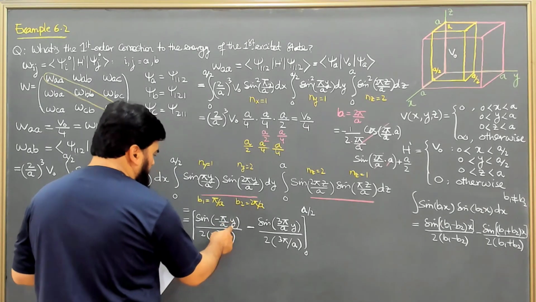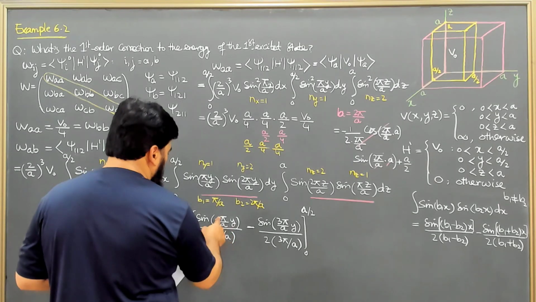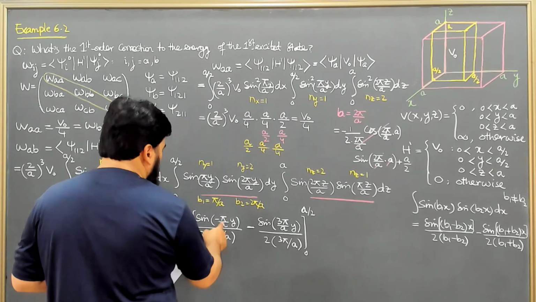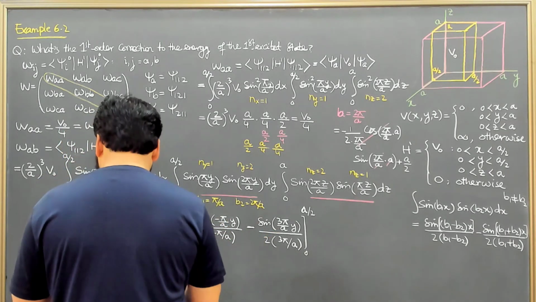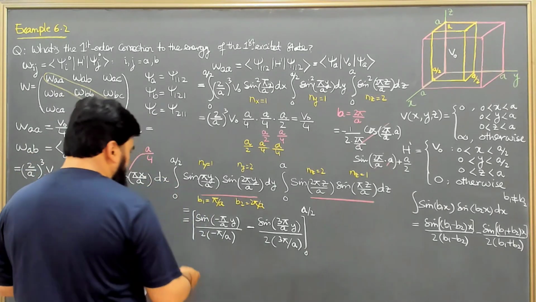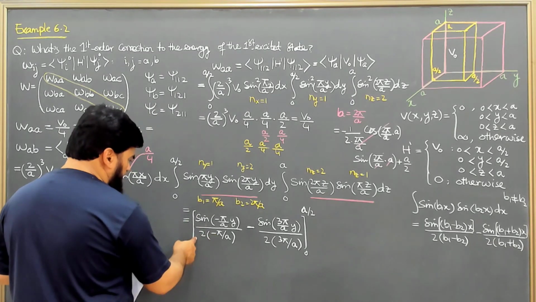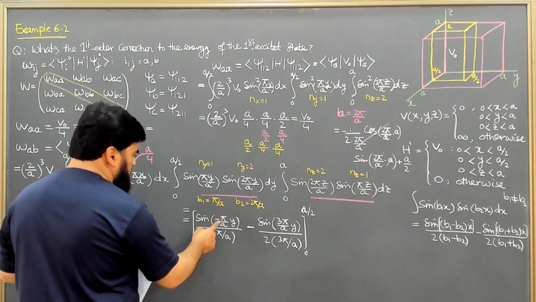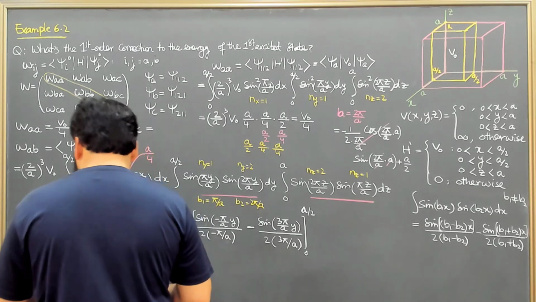So a over 2, a will cancel and pi by 2 will come. So this minus will go out and sin(pi by 2) is 1. Again, that minus has come out. Minus will cancel, sin(pi by 2) will give 1.